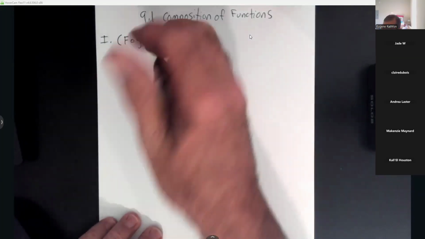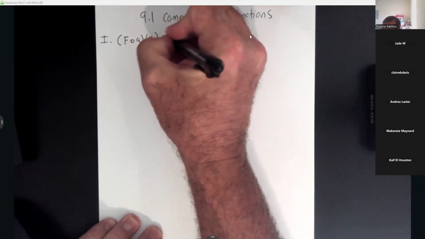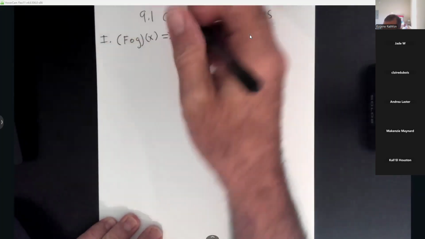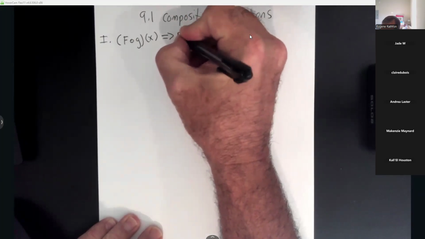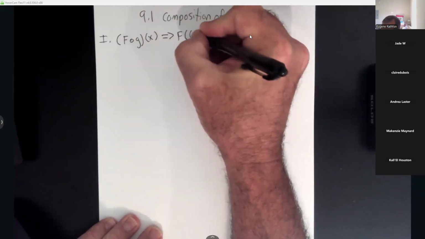So what this means when it's in this kind of notation is the same as f of g of x.